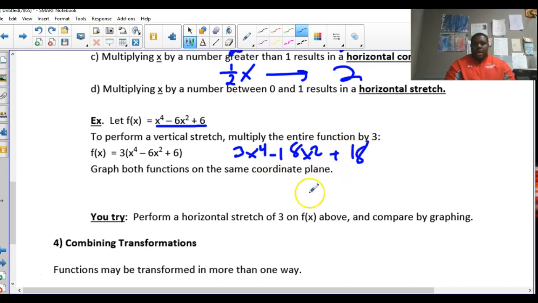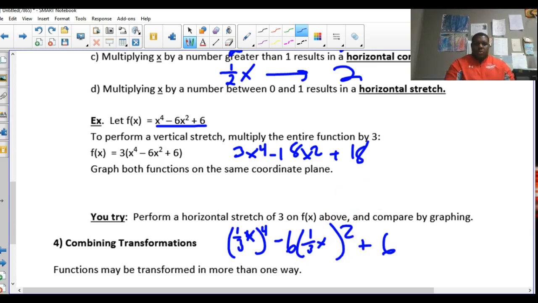If I want a horizontal stretch by 3, every x would need to be multiplied by the reciprocal, 1/3. So you would have (1/3 x) to the 4th minus 6 times (1/3 x) squared plus 6. I'm going to show you with the graph real quick how this looks.